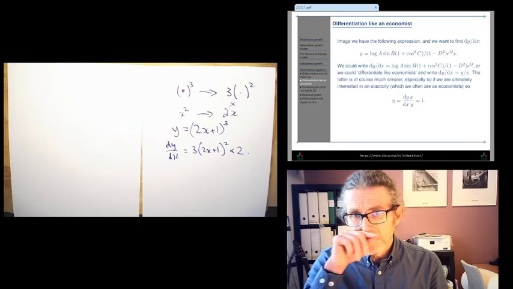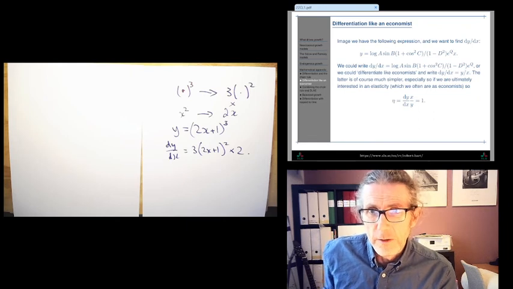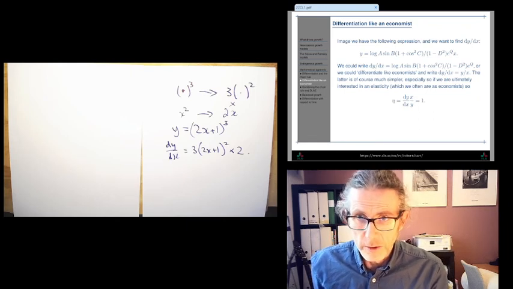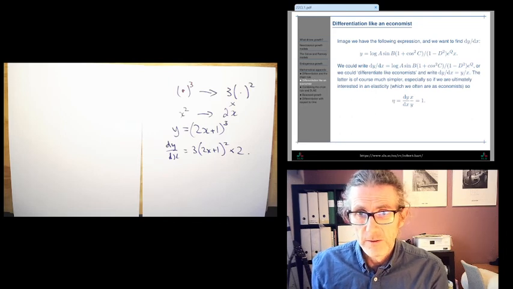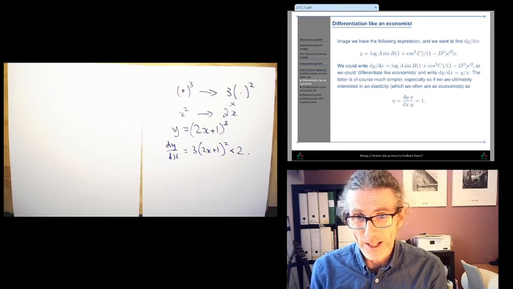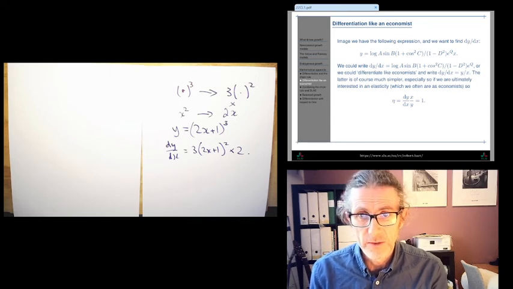Well, imagine we have this following expression, y equals a whole load of stuff times x. Then we can say, well, dy dx is that same whole load of stuff. Full stop. Right? Because when we differentiate with respect to x, that x turns to 1.